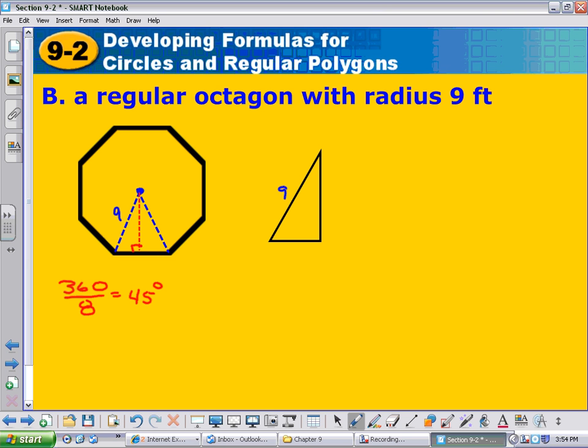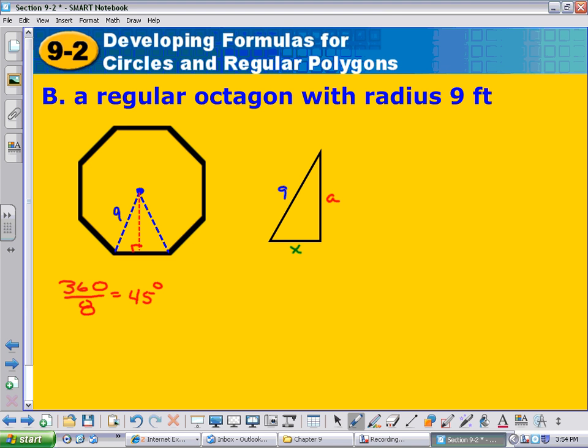We don't know the apothem, so that's over here. That's A. And also, we're going to need to find the base length so we can find the perimeter. So that x is actually half of one side, right? So once we get that, we will double that up to get a whole side. But we need both the A and the x in this picture.